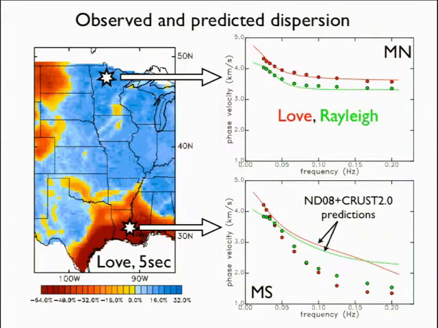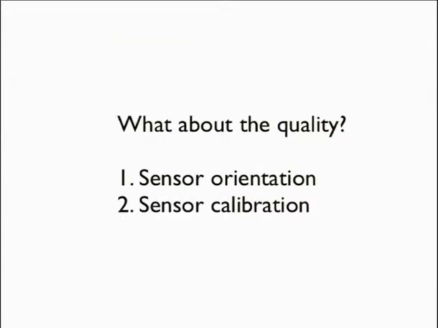And even with better, maybe Crust 1.0 will get us a little bit closer. But the thing that is problematic here, I think, is that we have shear wave velocities at great depth in the sedimentary pile that are much lower than we would predict from standard conversions from P-wave velocities, which are, of course, better known.